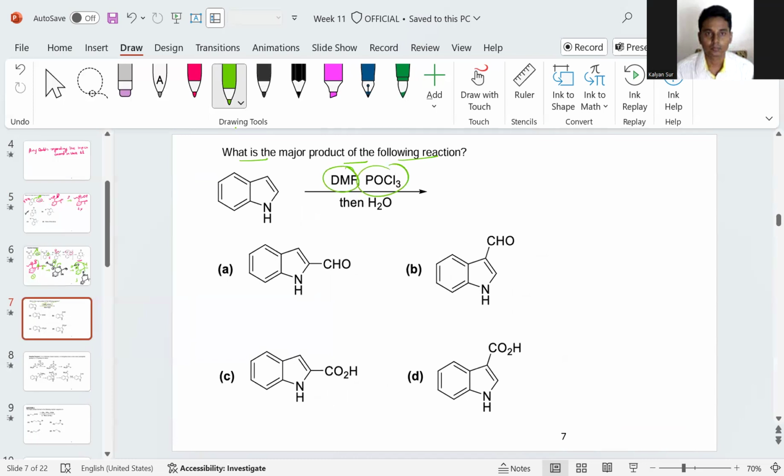They are used for the formylation reaction, and the formyl group is the C double bond OH group addition. This group addition takes place on the center on which the electrophilic substitution reaction takes place. So let's say if you have a substance like this and you do the formylation reaction, this reaction will work on the ortho position of this hydroxy group.